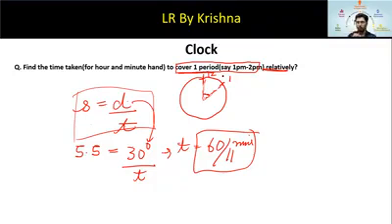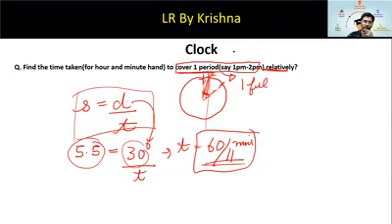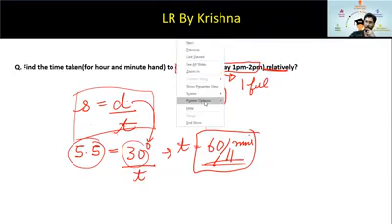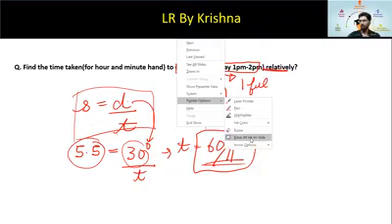So I am asking you, relatively they want to cover this angle now. In 5 minutes, the minute hand will cover this 30 degrees, correct? But our hour hand will also move. So the answer should be greater than 5 minutes. I'm using speed equal to distance upon time. Clear now? Now Sima, tell me, how much time will they take to cover one full clock relatively?